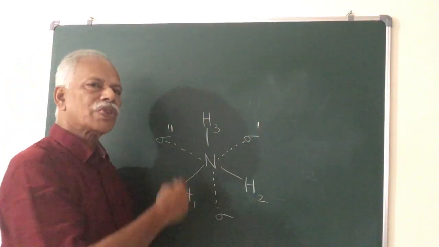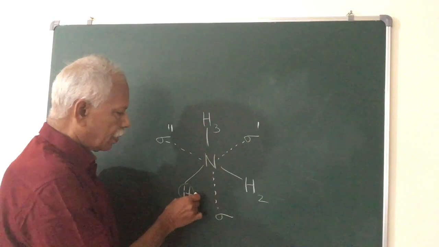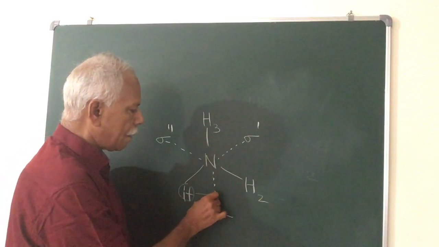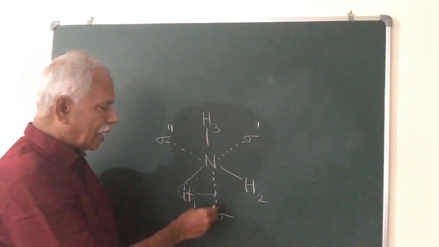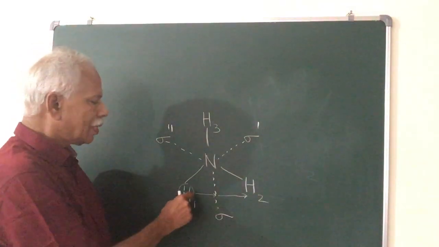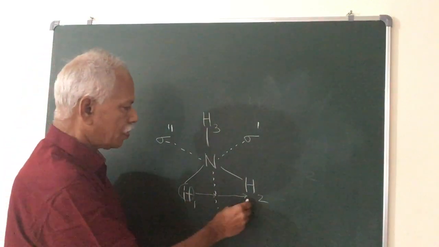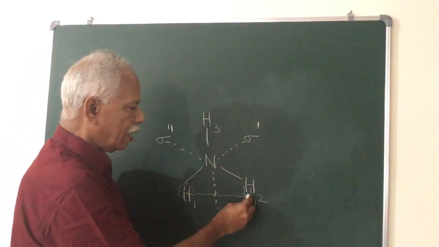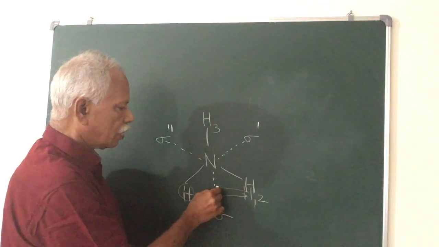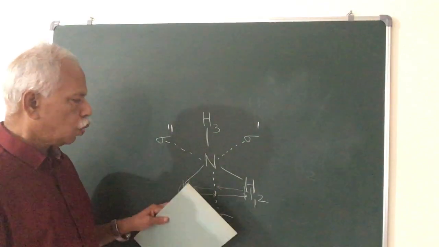From every atom outside the plane, you draw a line perpendicular to that plane, extend the line an equal distance in the opposite direction and put the atom at the new terminus. So this hydrogen becomes H1 here and this H2, on similar shifting, will change to hydrogen 2 here.